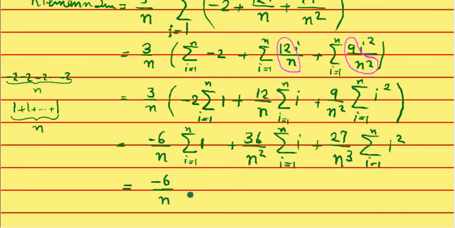I have minus 6 over n, sum of all the 1's, what is the sum of n 1's? Well, that's obviously just n. 36 over n squared. What is the sum of i ranging from 1 to n? I'm trying to add 1, 2, all the way to n. That's what this one is.